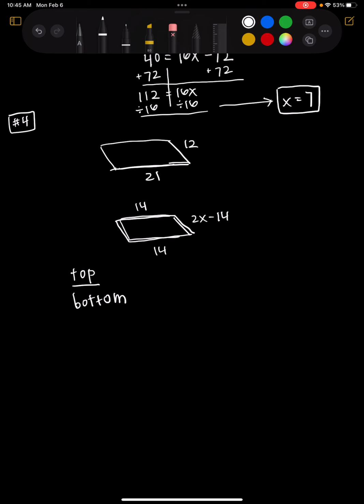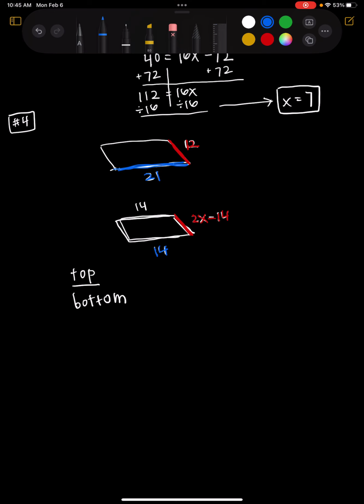And in this case, the bottom shape has 3 numbers, but the top shape only has 2. Or 3 sides, and then the top shape only has 2 sides. So we have to use the 2 sides that we were given on the top shape. So let's make our red the right side, which would be 12 and 2x minus 14. And then we'll make our blue the bottoms, which are 21 and 14.